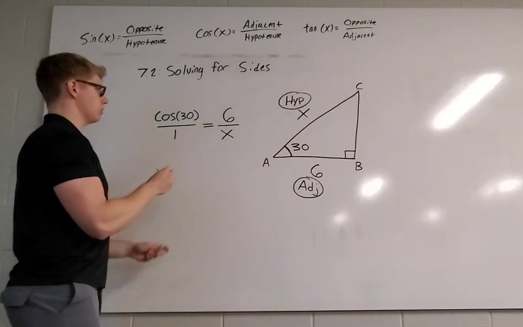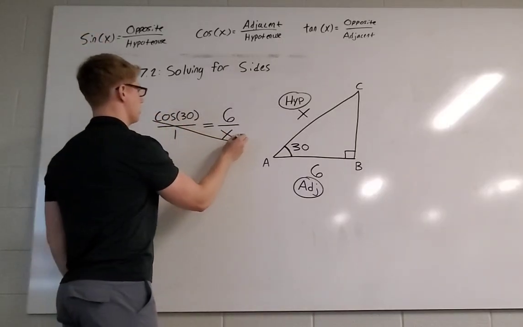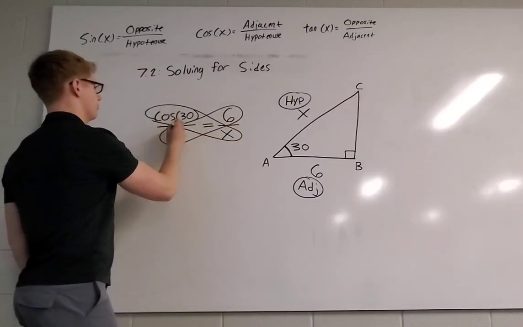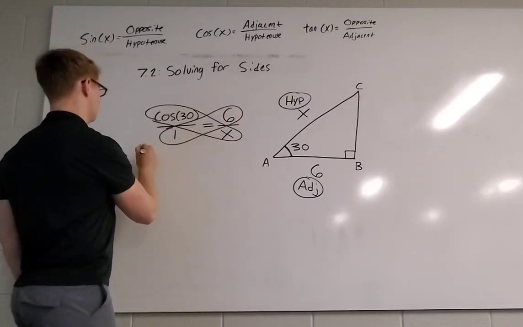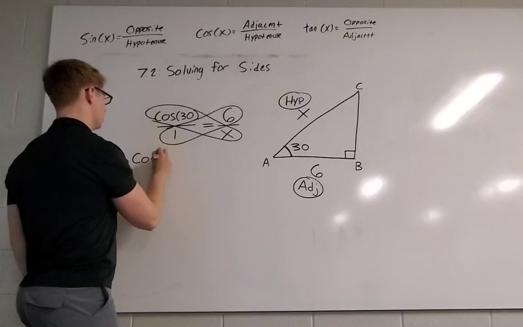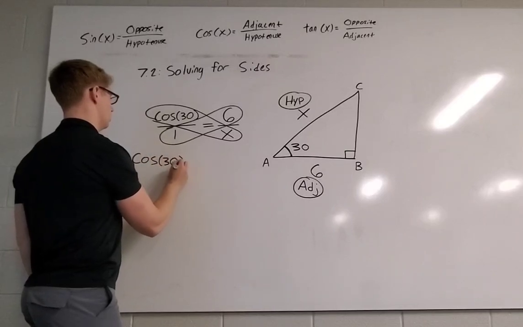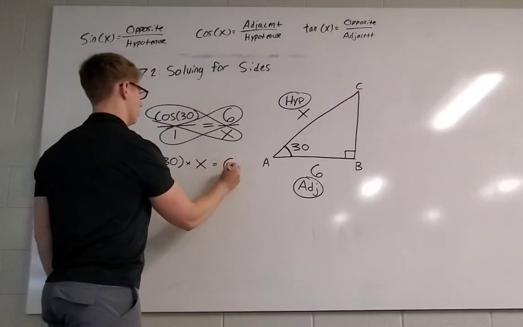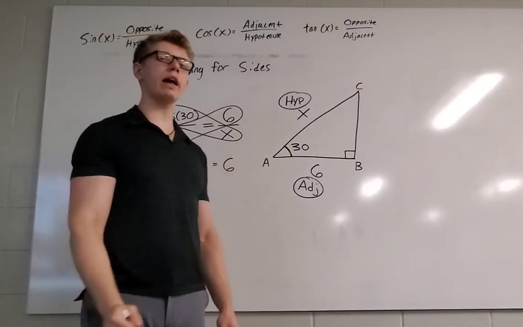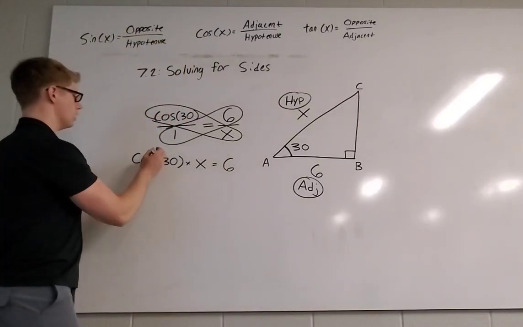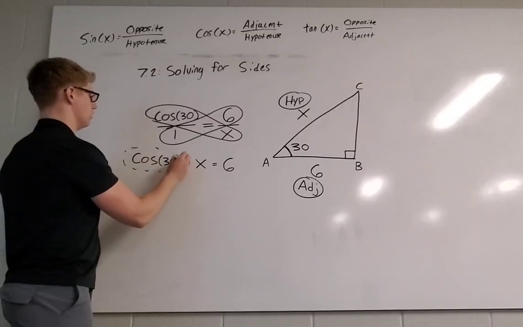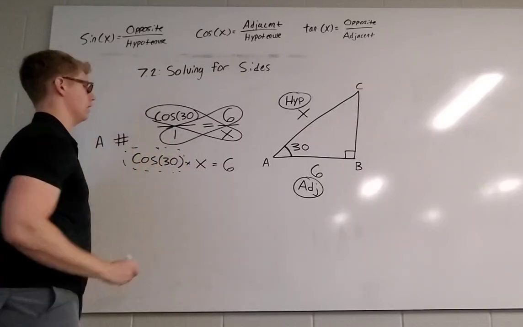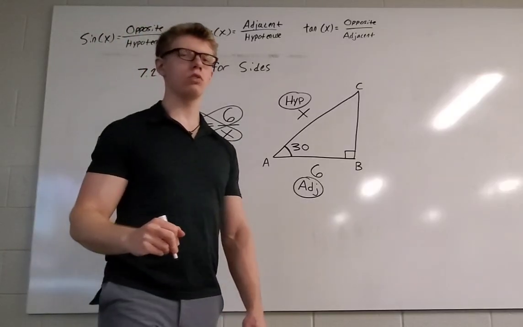Okay, so when we cross multiply, do our butterfly method, we're going to get cosine of 30 times x is equal to 6. Now, just like last time, this entire thing here is just a number. Okay, it's a coefficient for our x, right?